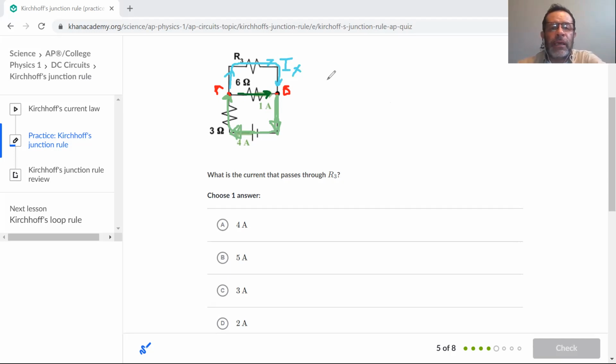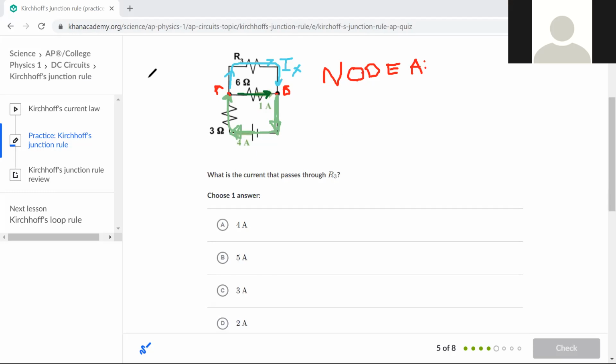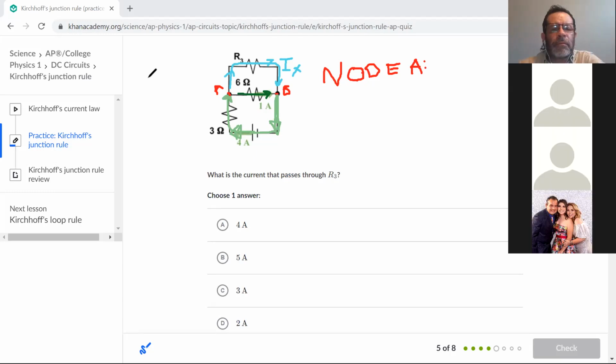So if we apply Kirchhoff's current law in node A, what are the currents that are going into node A? Oh, the 4 amperes.